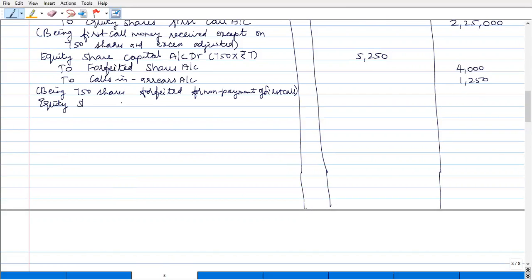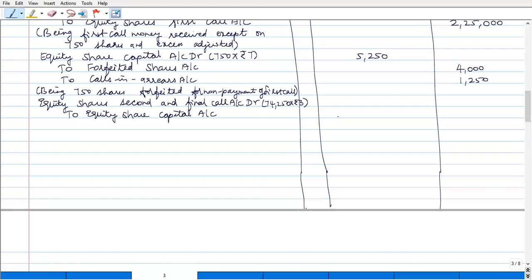Now we have to pass the due entry for the second and final call. Equity shares second and final call account debit to equity share capital account. Now for this we actually have forfeited 750 shares, so we have to calculate only for the balance number of shares, that is 74,250 into rupees 3.